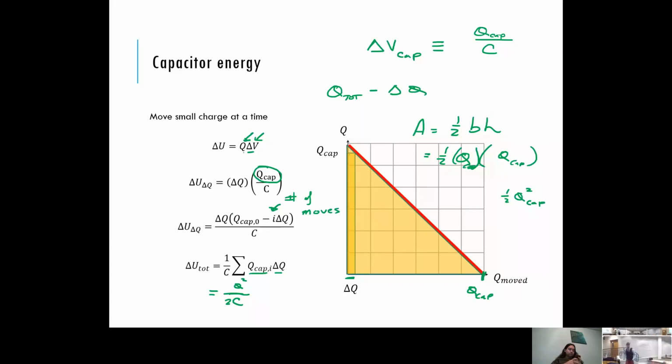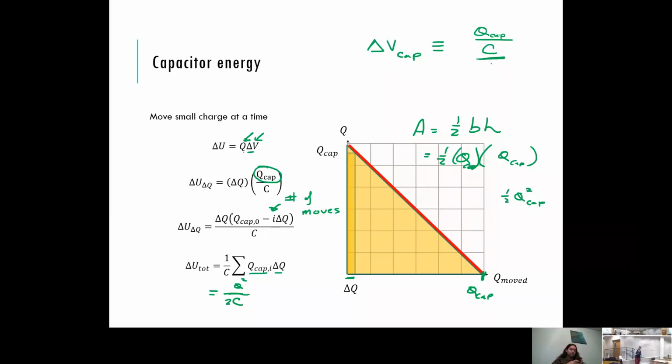Now that's not always helpful, because that requires you to know the charge on the capacitor, which might not be too intuitive. It's okay if I erase this up here. Q total. All right. So that might not be intuitive.